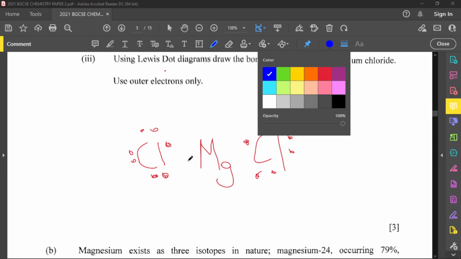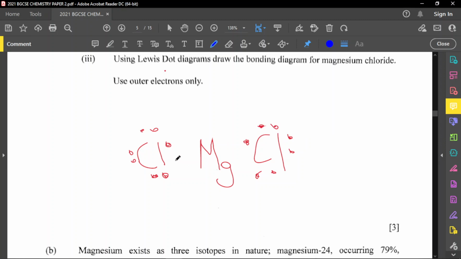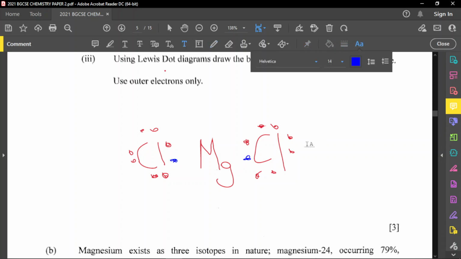Magnesium has 2 valence electrons, so it gives up one to this chlorine and another one to this chlorine. So you realize the valence shell for chlorine will be totally filled, and because magnesium transfers electrons to both chlorines, that will form magnesium chloride in terms of the Lewis dot diagram.